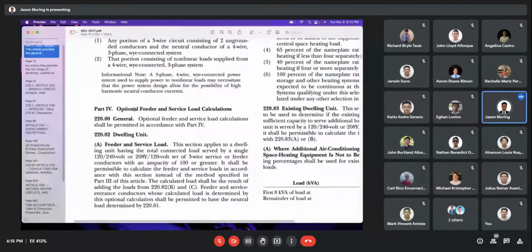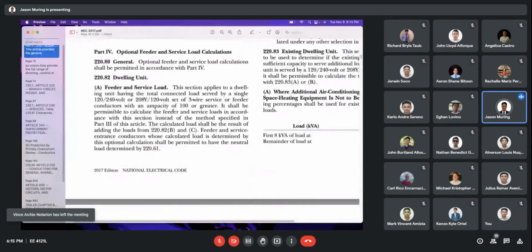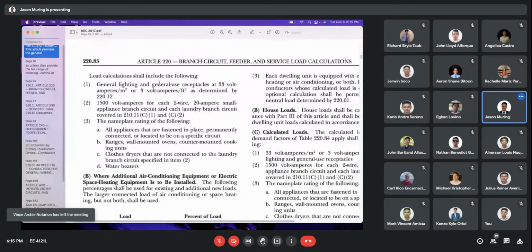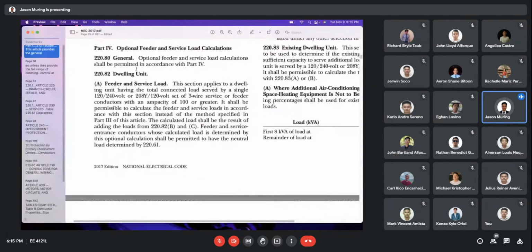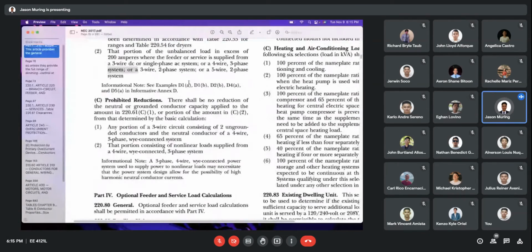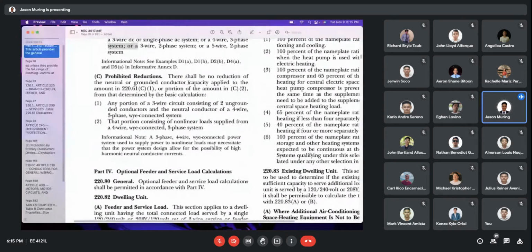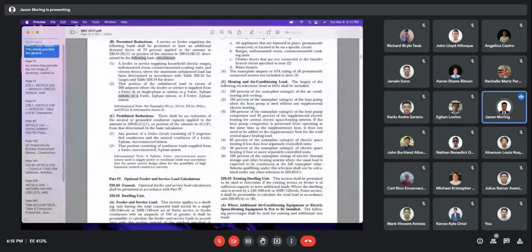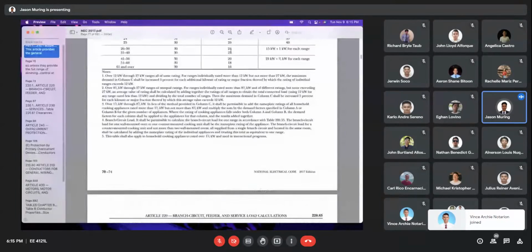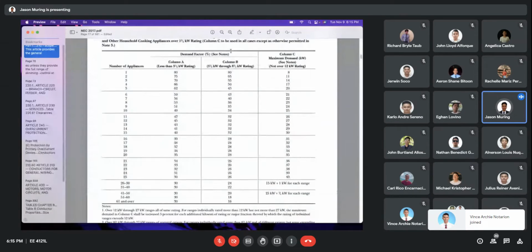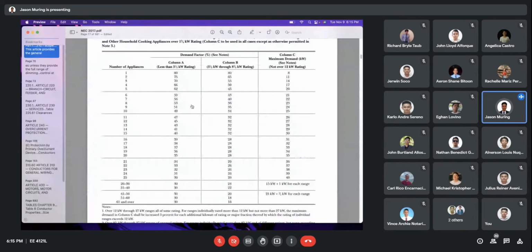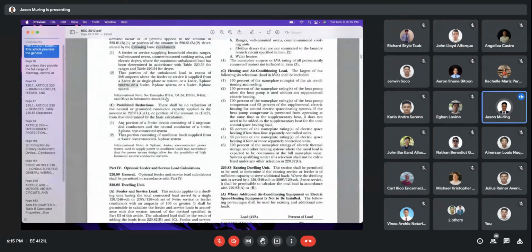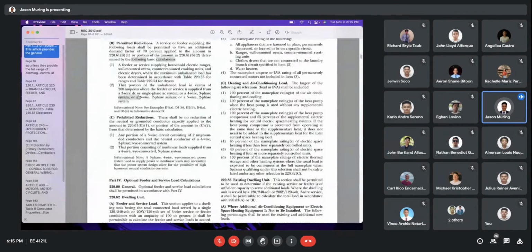Okay, so for the next part of the sections, it's about optional calculation. We don't have to go through this one because this is basically the same as the standard calculation. There are two ways to calculate our demands: either we use the standard one or the optional calculation. Usually this optional calculation is only used for dwelling units or spaces with repetitive loads.